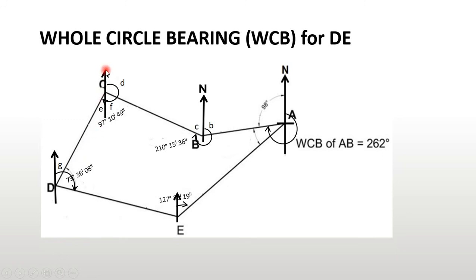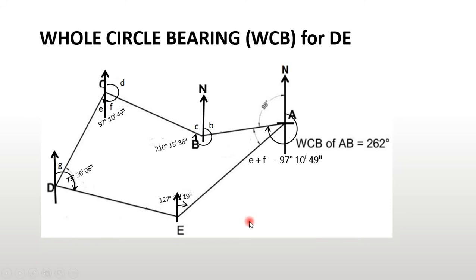So we are assuming that these north lines are parallel to each other. Therefore, angle E and angle G are equal because these are alternate angles, and the line CD is the transversal.